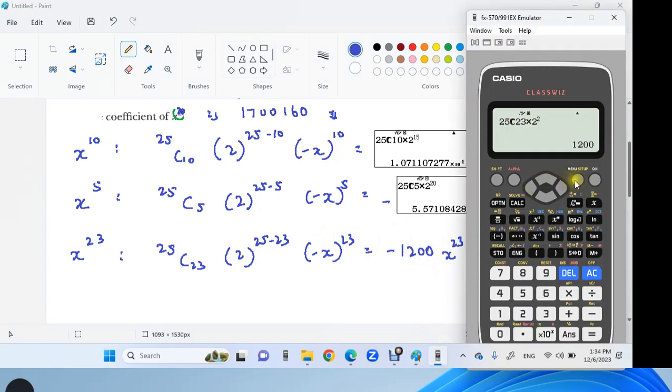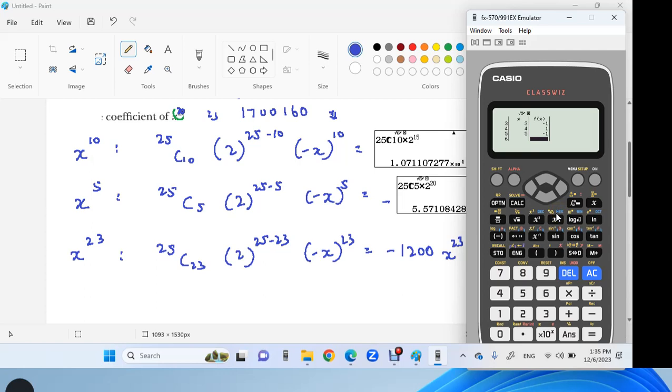So calculator, if I use table here, if I want to have the negative 1 to the power of x, I start from, let's say, 1 to 5. So you can see power 1 negative, power 2 positive, power 3 negative, power 4 positive, power 5 negative. It will be alternate.